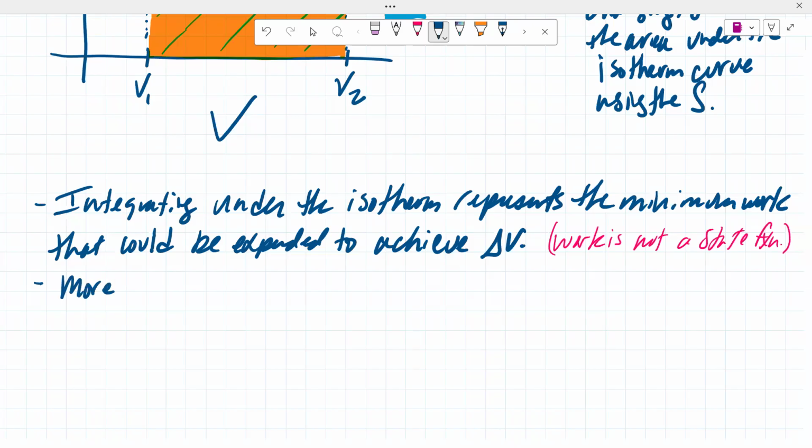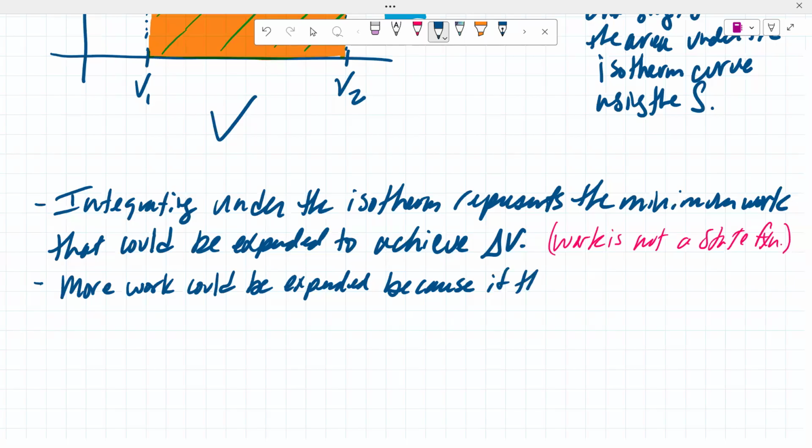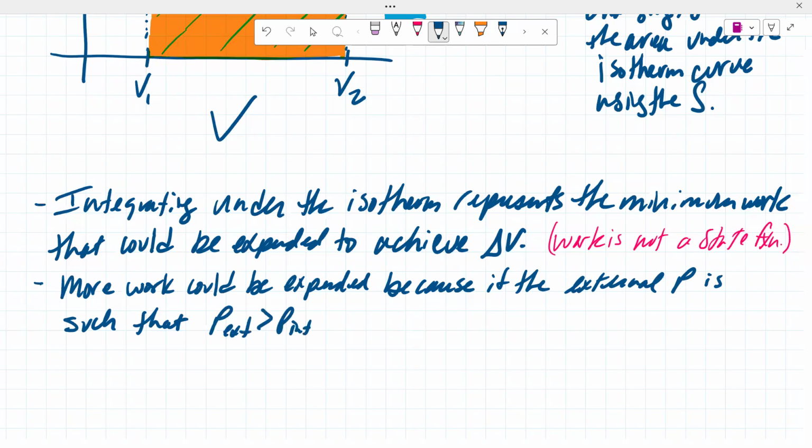More work could be expended than just doing the simple one, because if the external pressure is such that P external is greater than P internal, a compression will result.